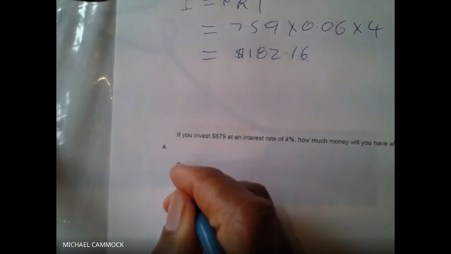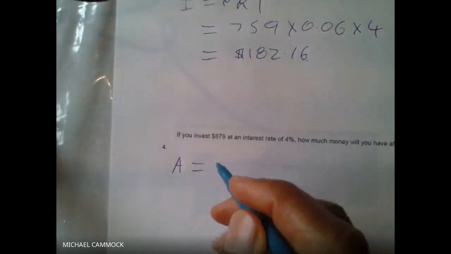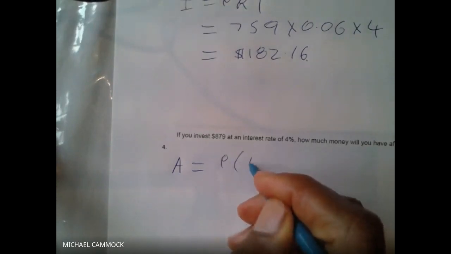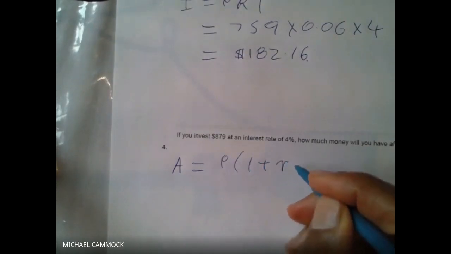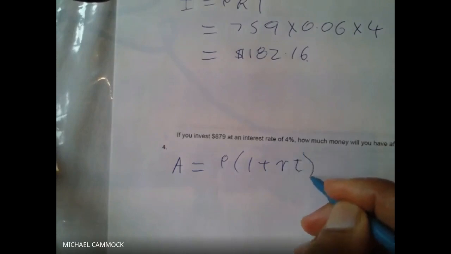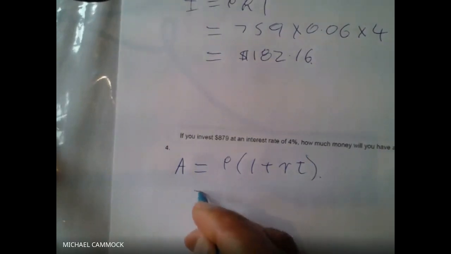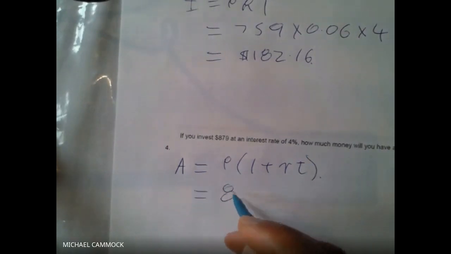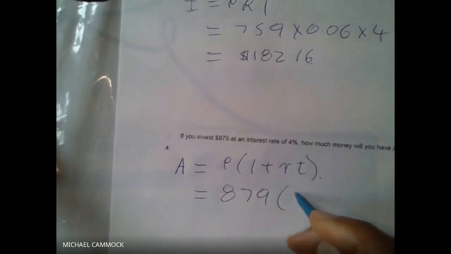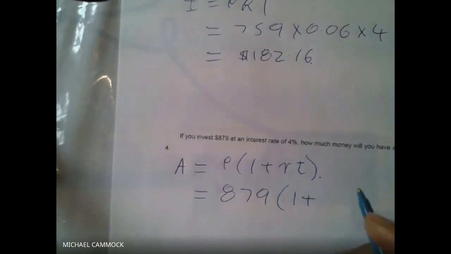Okay? Okay. So here comes my calculation. This calculation is the amount calculation for simple interest. Hopefully you remember the formula. I'll write the formula down for you. It's the principal, 1 plus the rate times the time. So in this case, it would be the 879 times 1, the rate is 4%, so 0.04 times 5.